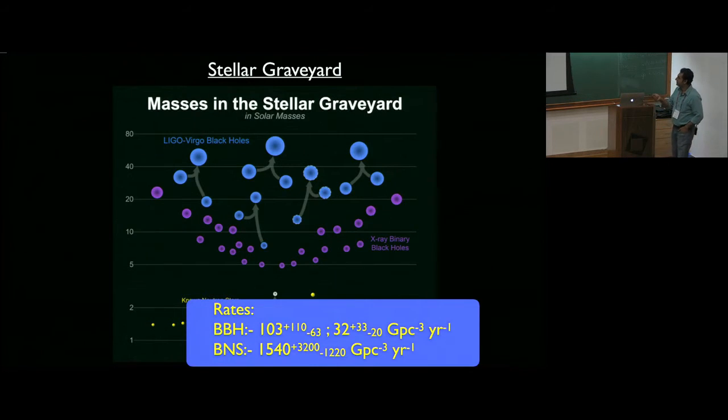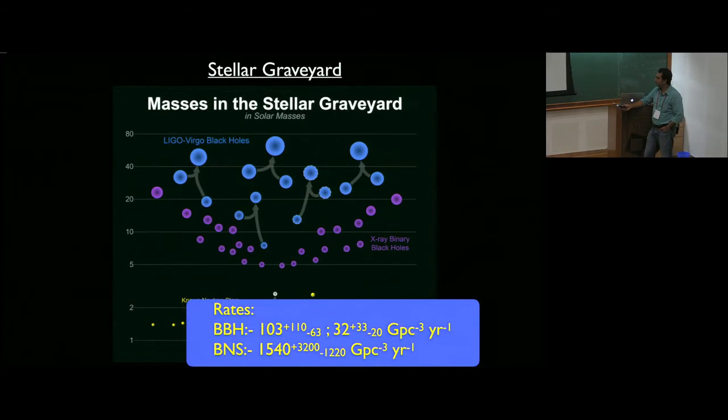There are other black holes detected as well. These are from X-ray emissions for accreting binary black holes. Neutron stars are also mostly in accreting systems. There are some pulsars as well. So this is all we know about dead bodies of massive stars.